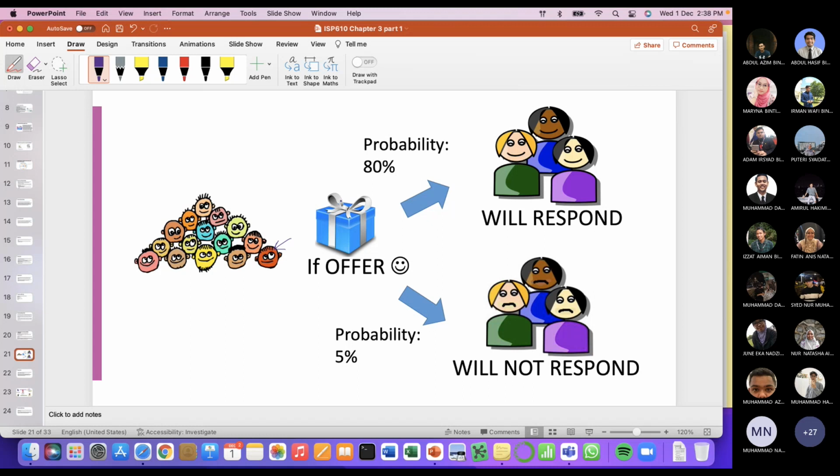So kalau score dia macam lebih daripada 80, so it will go into will respond. Kalau score dia less than like 5% macam tu, dia akan masuk dekat will not respond. Kalau kata you buat classification biasa tu kan, based on the data, dia akan terus tolong classify untuk you kan. Tapi kalau class probability estimation tu, dia macam ni. Okay, based on the probability.